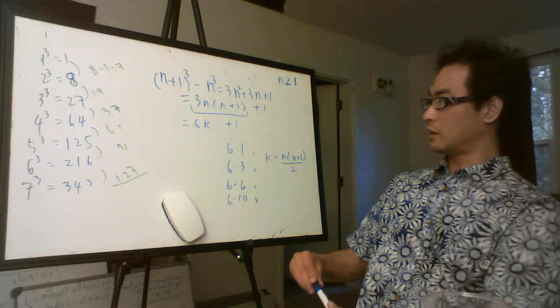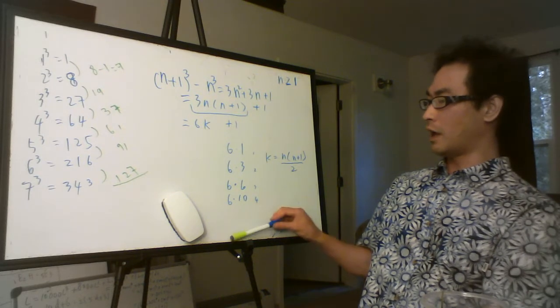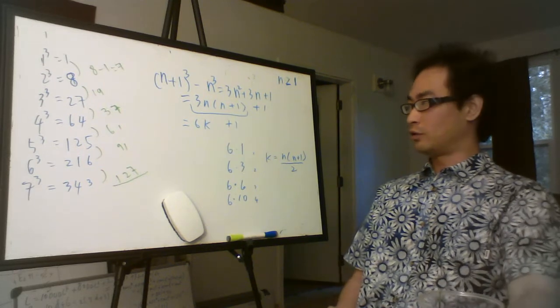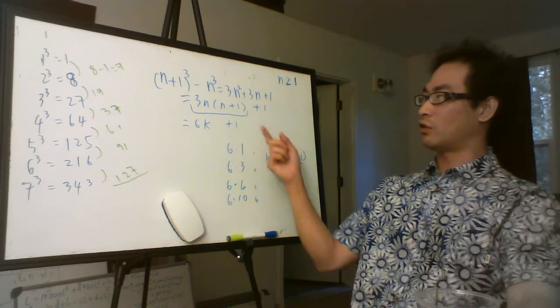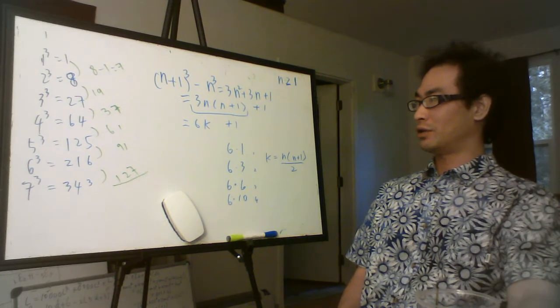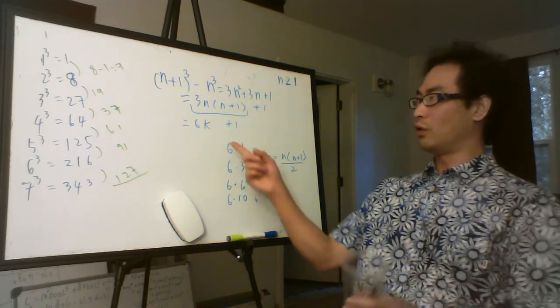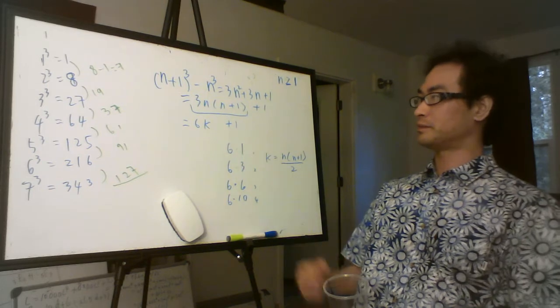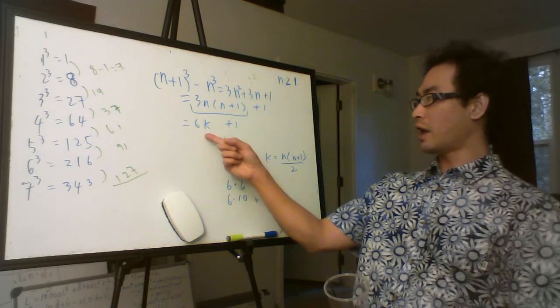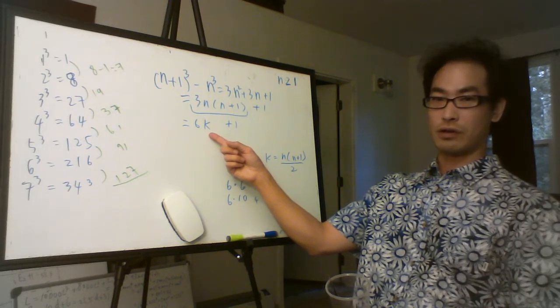Can we make this a number that is not a prime number? Can we make this into a composite number? Okay, so that's my question to you. We know it's always an odd number. And this k isn't just any integer, okay?